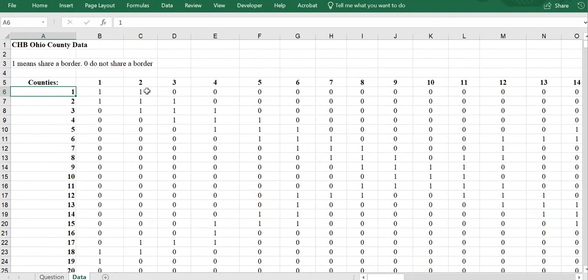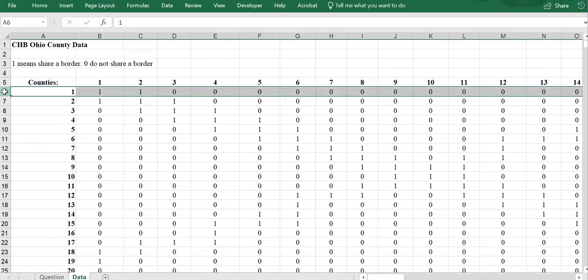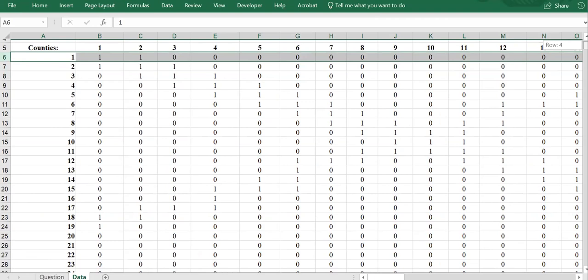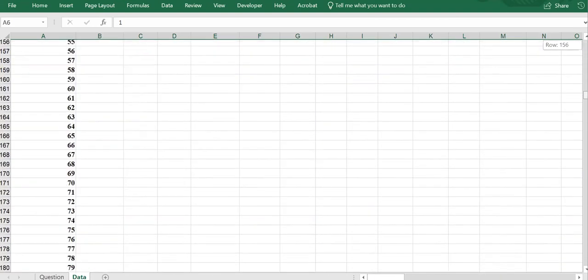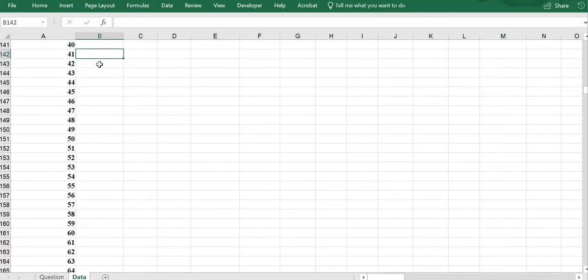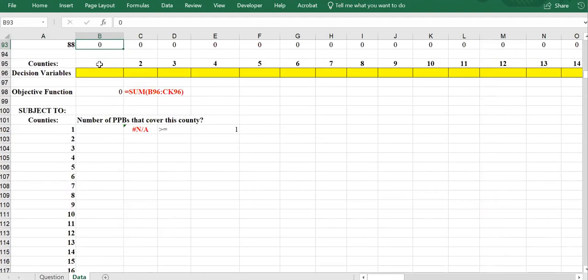So instead of just adding those decision variables on the left-hand side, we can use the sumproduct function. If you multiply the corresponding components on this row by the decision variables and add them together, that would actually get you what you were looking for.